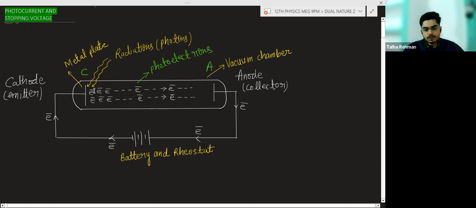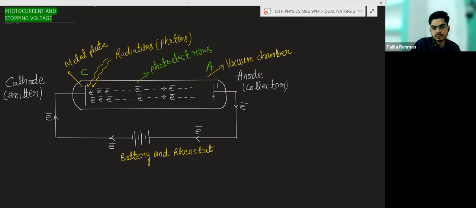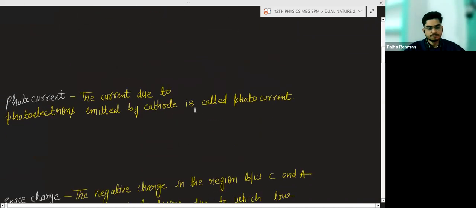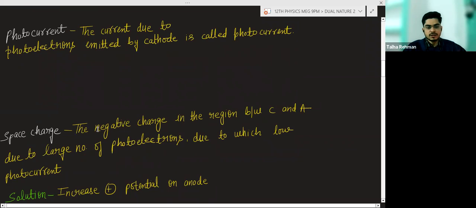To solve the problem of space charge, we will give positive potential to this plate. If we give positive potential to this plate, the electrons are attracted towards the anode and the problem of space charge will be solved. You can see here: space charge is the negative charge in the region between cathode and anode due to a large number of photoelectrons, due to which there is low photocurrent.